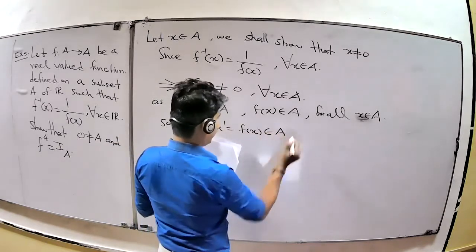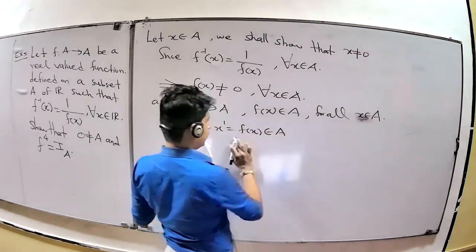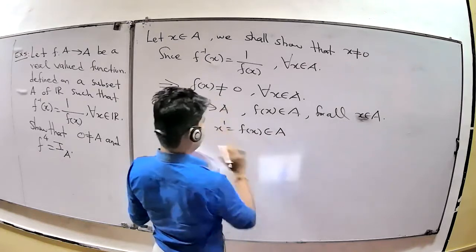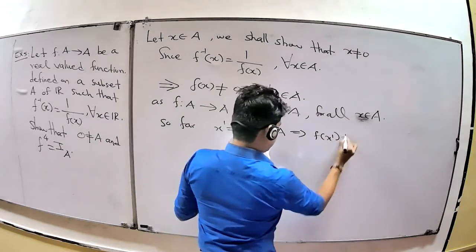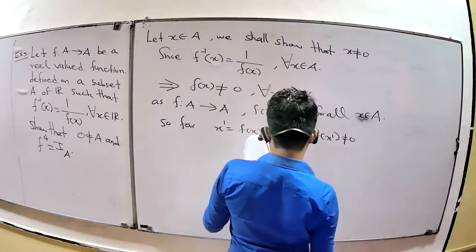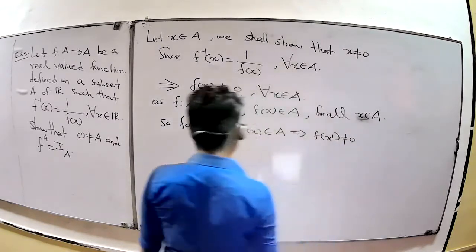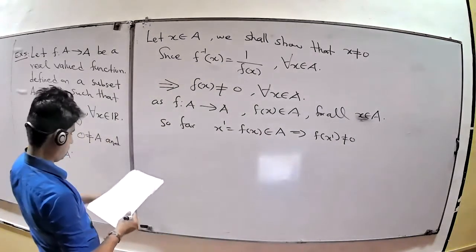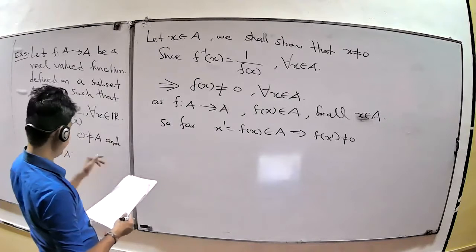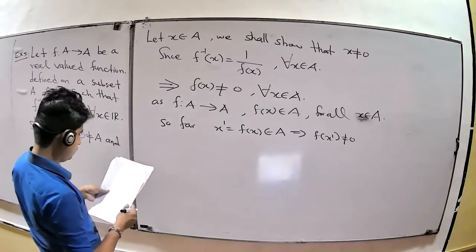This belongs to A. Since f of x is non-zero for any value of x, therefore f of x dash is also non-zero, because for any values of x it is non-zero, right?